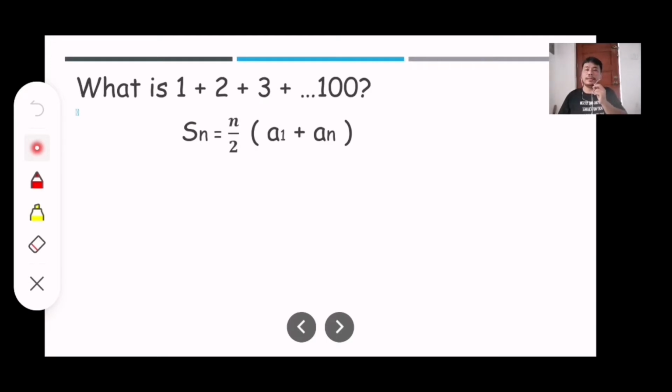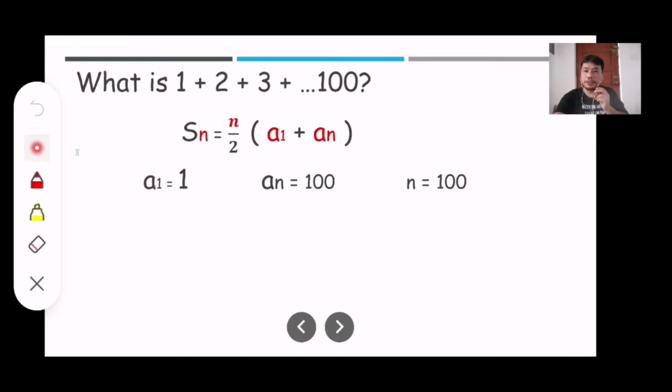First thing to do is to identify the values that we'll be needing to solve this problem. They are a sub 1, which is 1, a sub n, which is the last term, that is 100. And we're about to add 100 numbers, 1 to 100, meaning 100 ang involved na terms that we're going to add. So, the value of n will be 100.